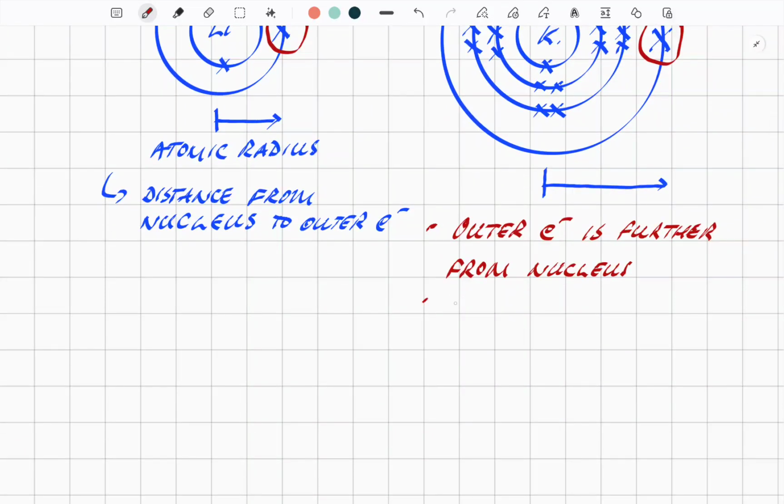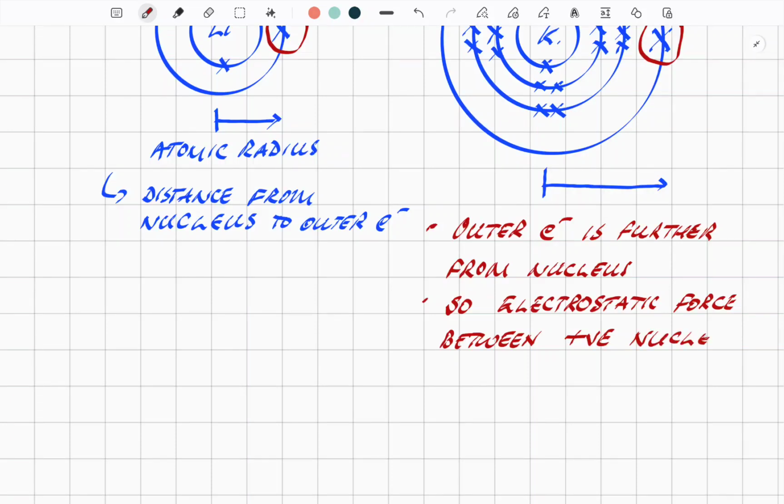Two, the electrostatic force between the positive nucleus and negative electrons is weaker in potassium than in lithium.